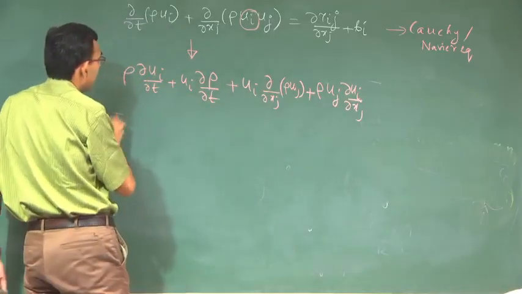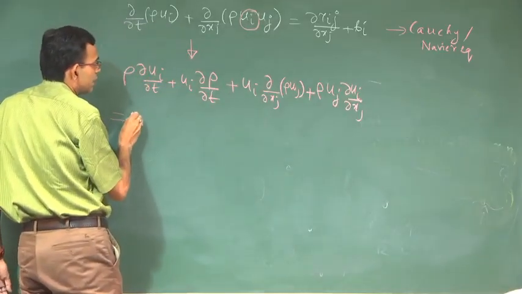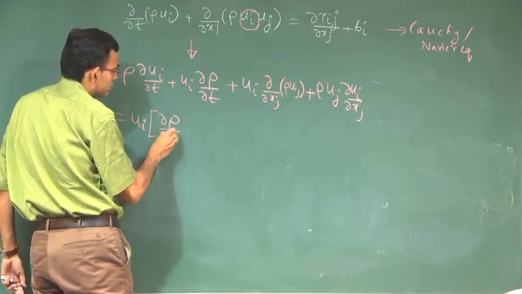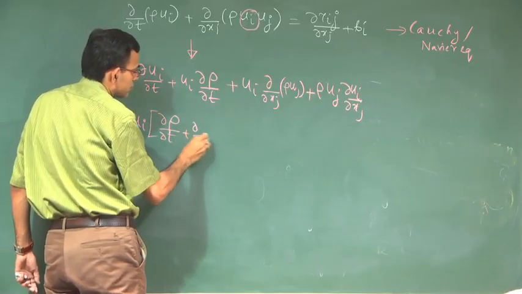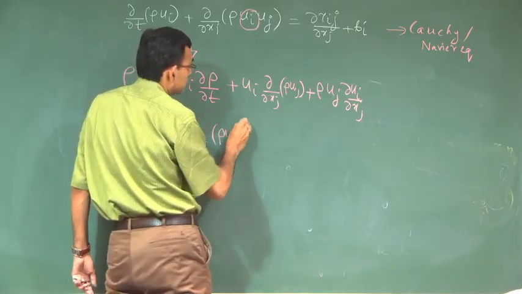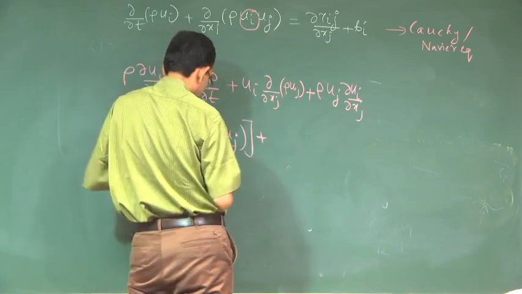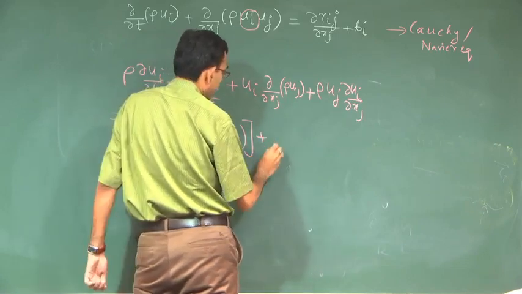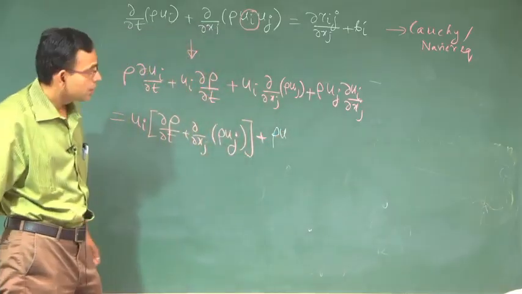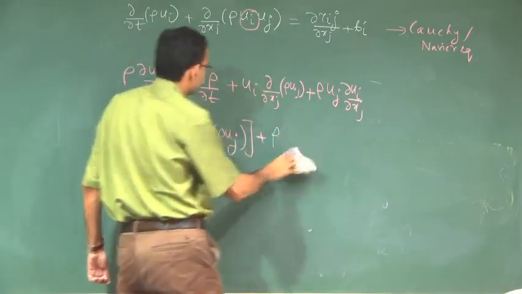So, this we can write, you can take ui as common, plus rho uj, sorry, plus rho as common.